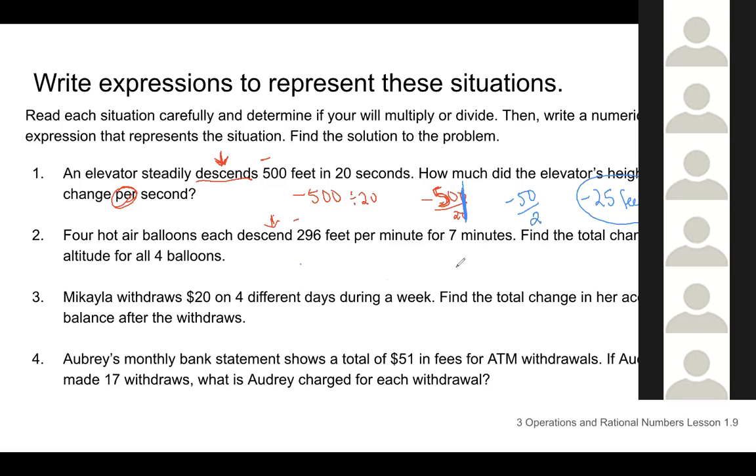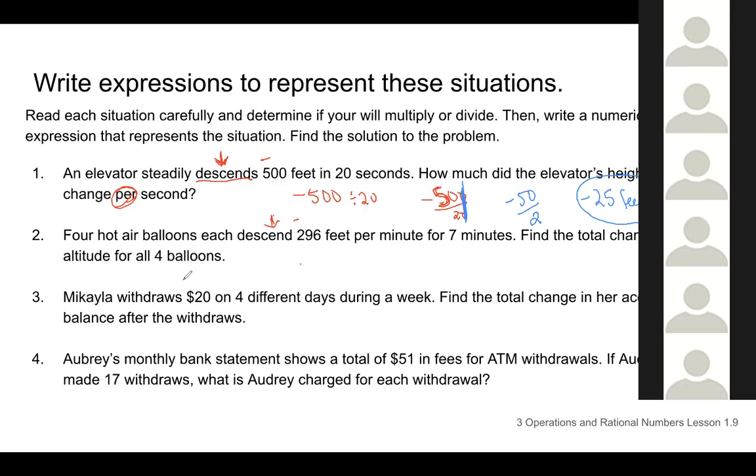To change that altitude, I'm going to say multiply. You still have another number over there, which is 4.